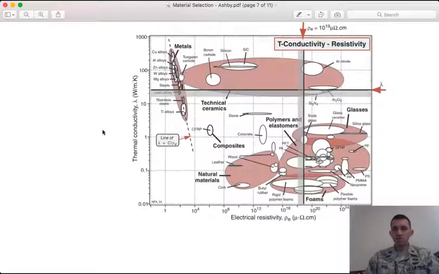Especially since most of these charts are log-log, with this much separation we're talking orders of magnitude difference in thermal conductivity. And so for heatsinks, we're going to want to choose these materials. So we have alumina, we have aluminum nitride, silicon nitride. Those are our heatsink materials of choice.